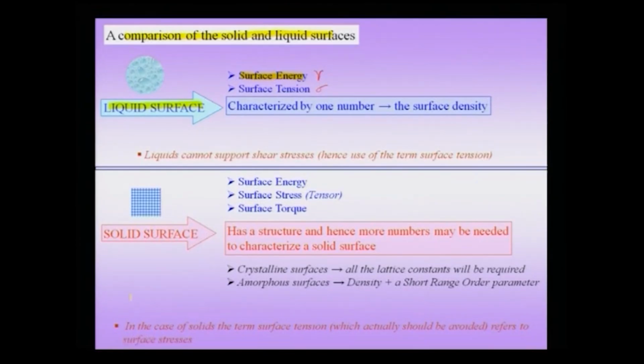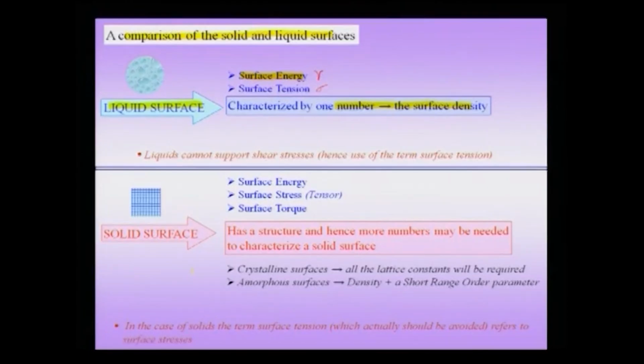The liquid surface structure is characterized by one number, which is the surface density, in other words, the number of atoms per unit area which sits on the surface. So it is very easy to characterize a liquid surface because surface energy and surface tension represent equivalent concepts, and I just need one parameter, the surface density.